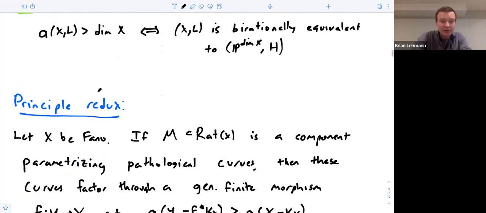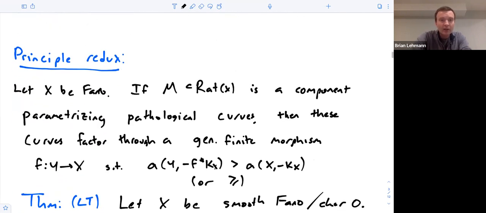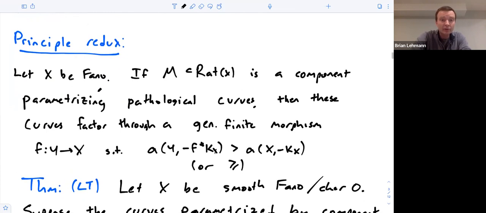Okay. So now that we've defined the Fujita invariant, we can return to our sort of guiding principle. Let me state it again. This is a discussion of pathological families of rational curves. So let X be a smooth projective Fano variety, and suppose that M is an irreducible component of the moduli space of rational curves.